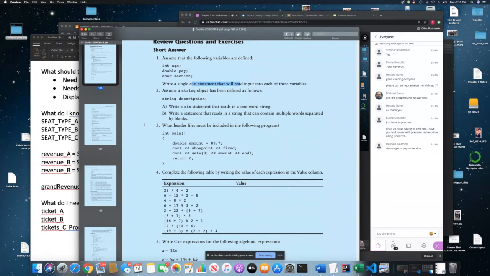Remember, cin has issues with how it reads in. Remember, on one PowerPoint slide, it ignores things at the beginning. So how can you read in a single word into cin and put it as the description?